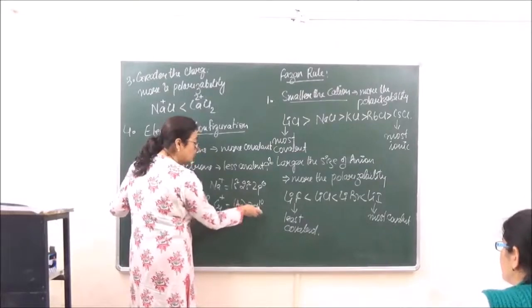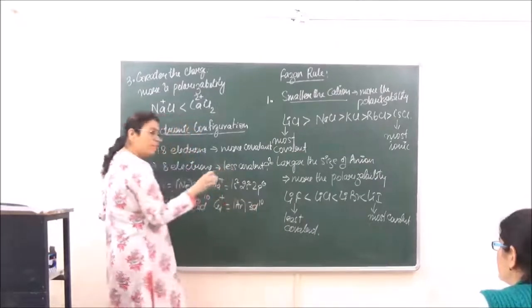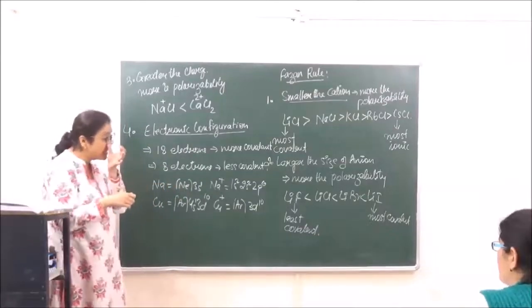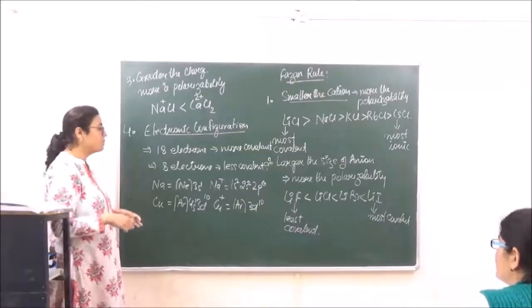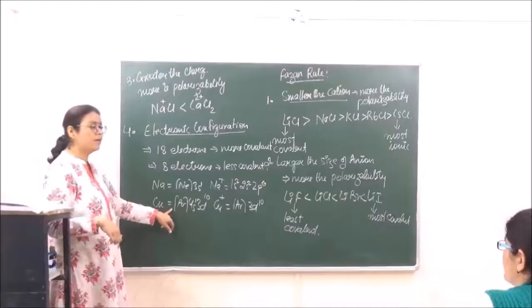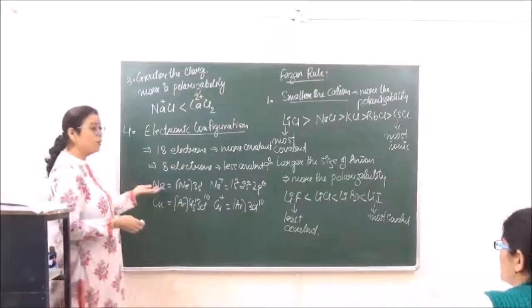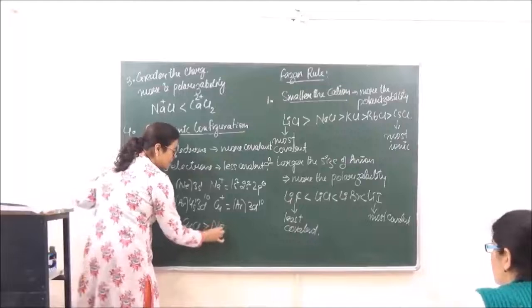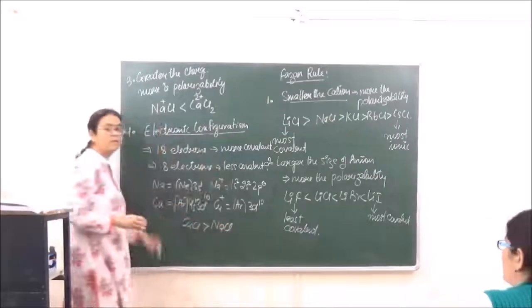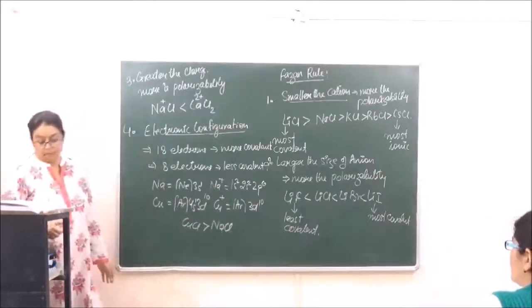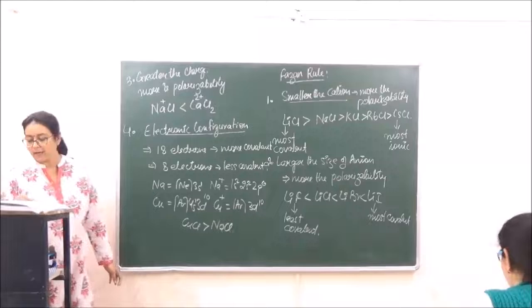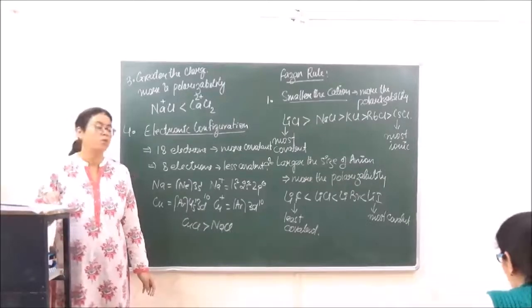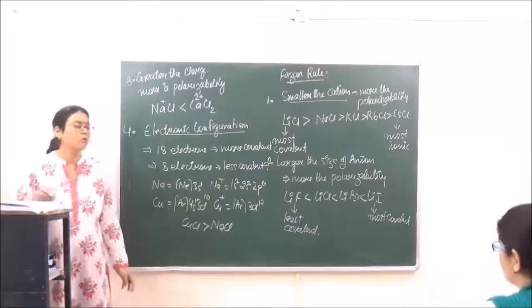So the outermost shell will have 10 of d, 6 of p and 2 of s, so the total becomes 18. So this is going to be more covalent with respect to Na. So if we are taking the salt CuCl, that is more covalent with respect to NaCl. Right? So this topic is very, very important from your competition point of view. Okay? So today we are going to do only till here.